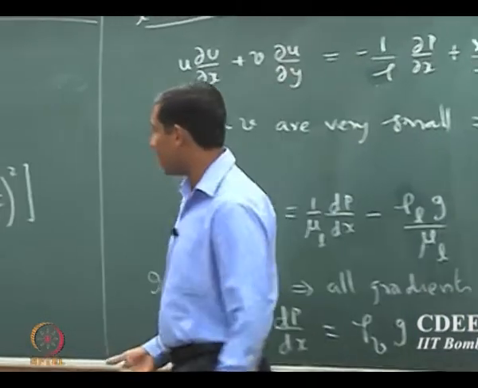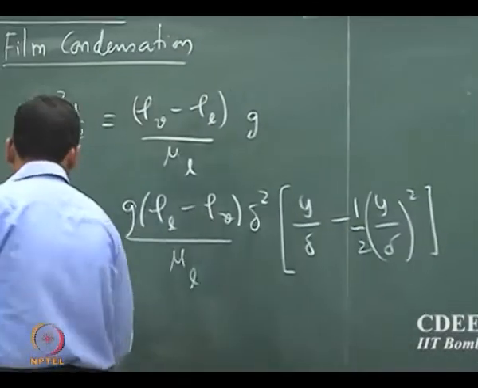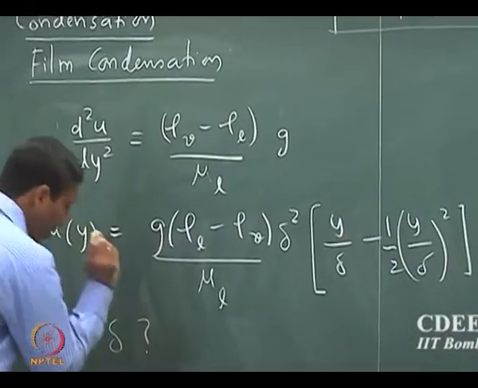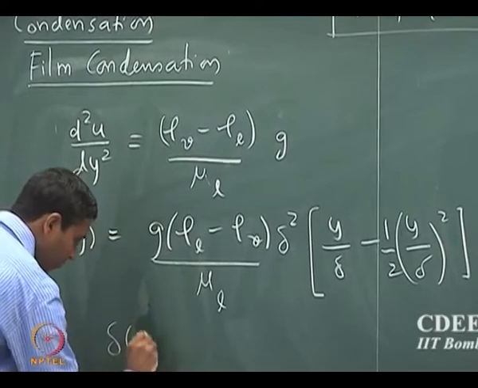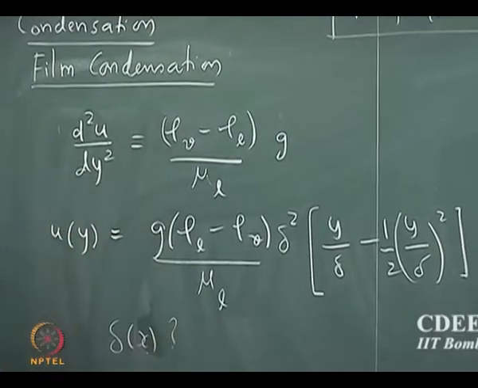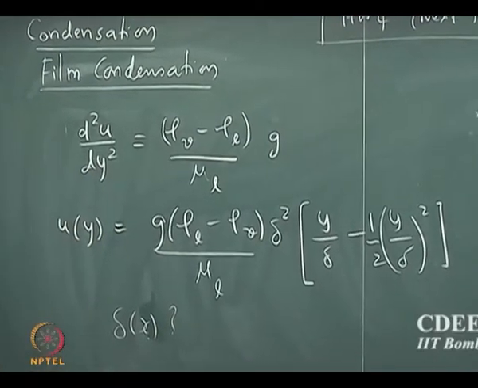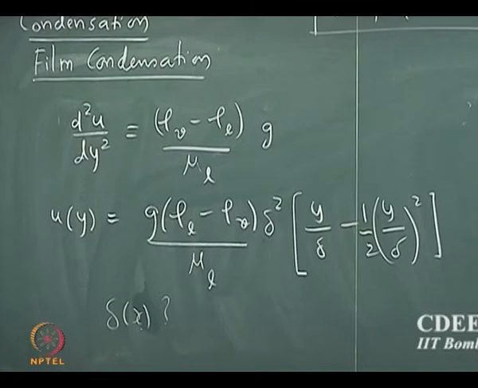We need to find out what this delta is, the boundary layer thickness at any location. Until we find it, the problem is not complete. We cannot find the velocity profile, and the same issue will continue when you write a temperature balance. So how do we find this?